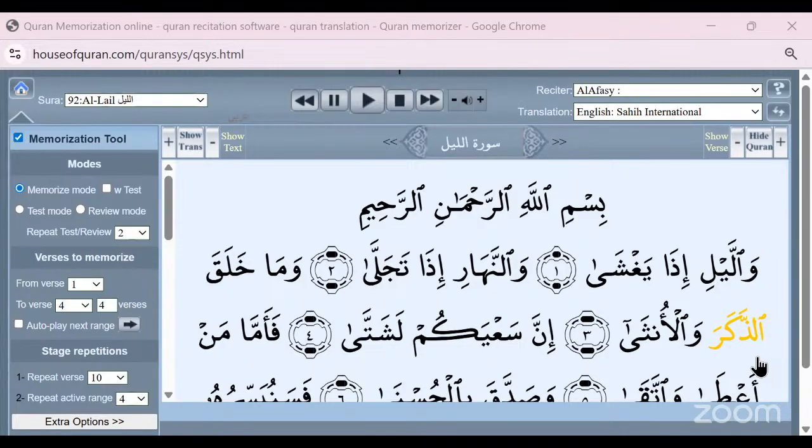Why do we give it sukun? It is followed by letter dal. So what sort of letter is dal? Is it a sun letter or a moon letter? It's a sun letter. All right. So when a sun letter comes after Laamut-Ta'areef, do we get to pronounce the Laamut-Ta'areef or we skip it?